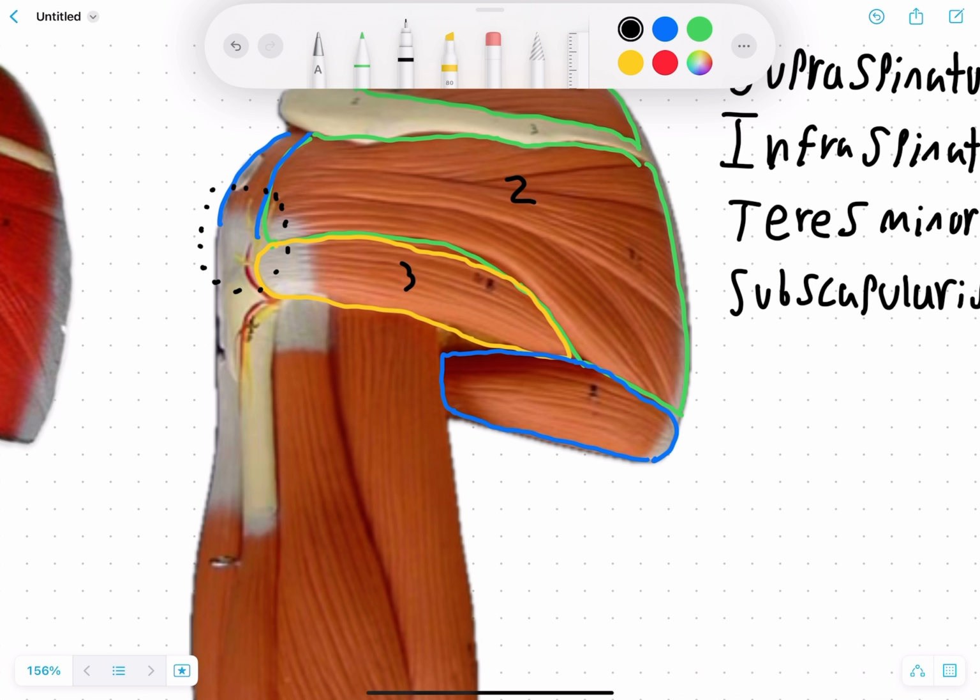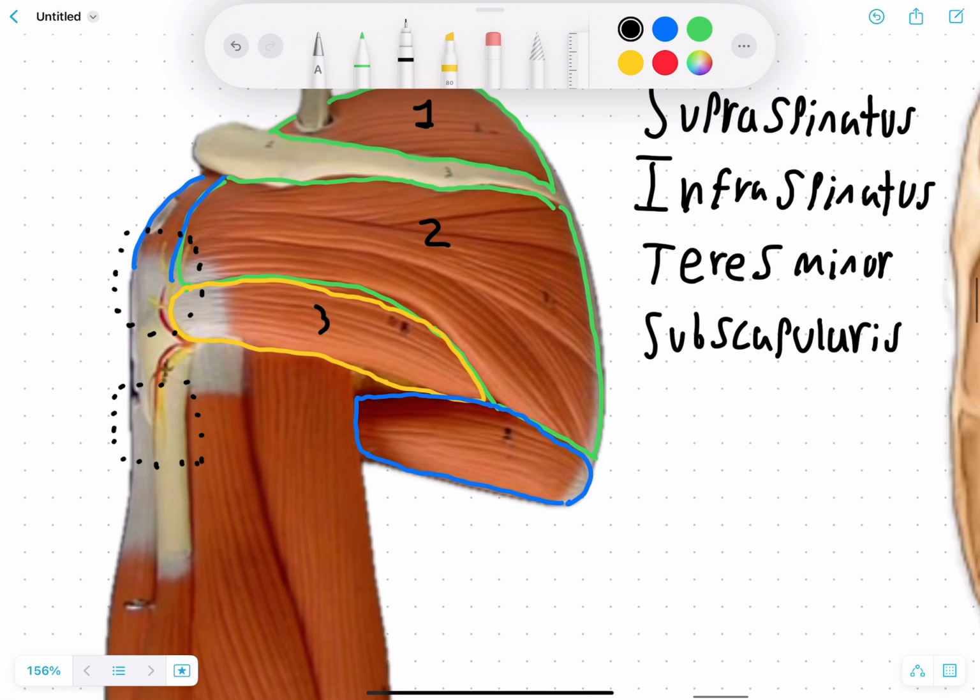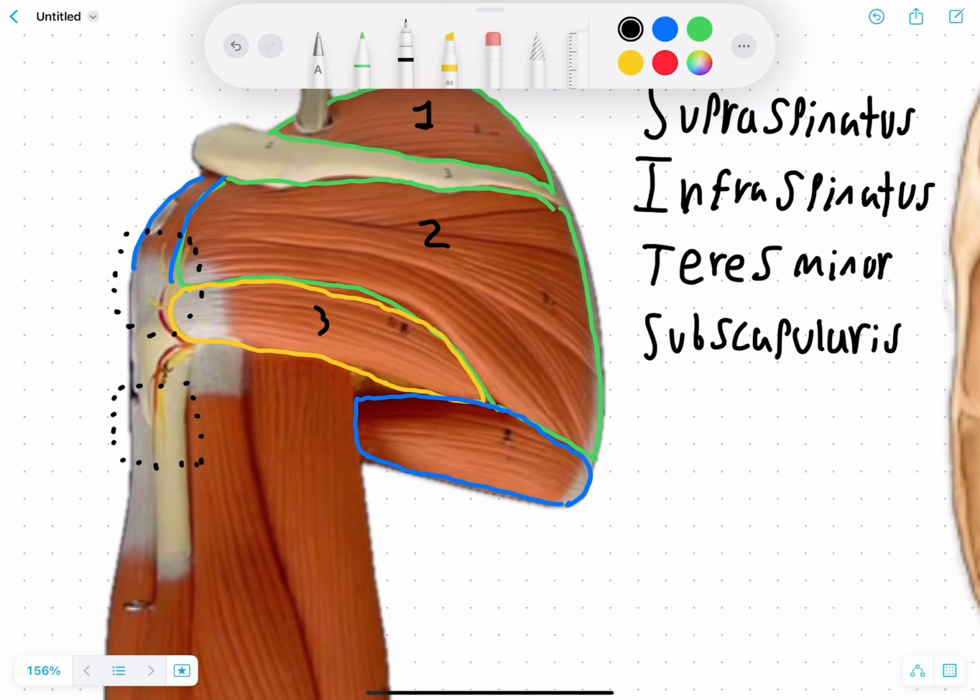So they're all sort of helping to anchor and stabilize that joint. Teres major is actually going to anchor down around here onto the neck of the humerus. So it's not actually helping to hold and stabilize that humeral head into the shoulder joint there. So those are our muscles: supraspinatus, infraspinatus, teres minor, subscapularis, and then we just mentioned teres major now.